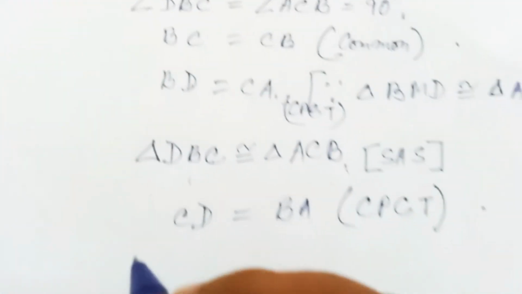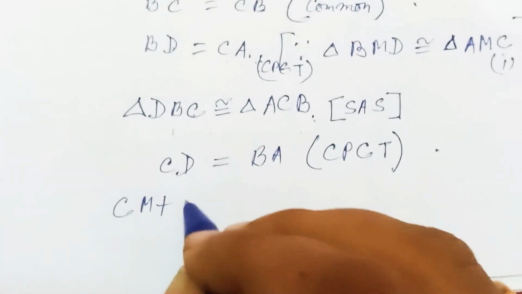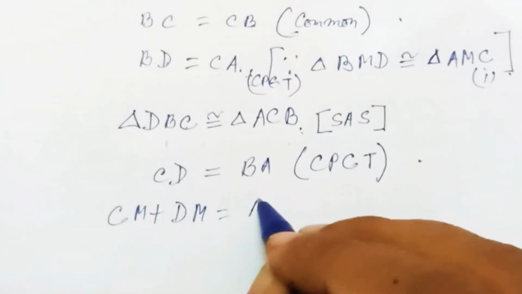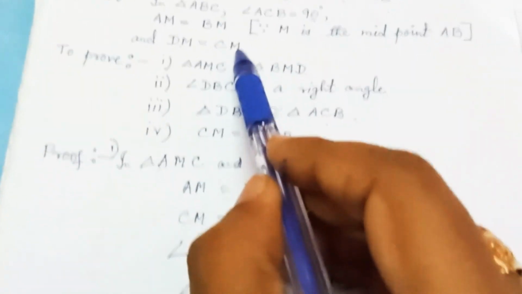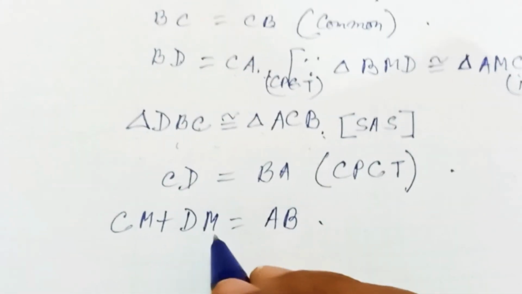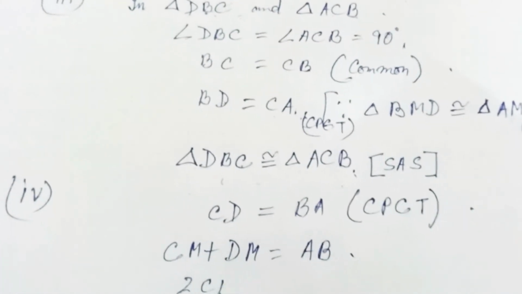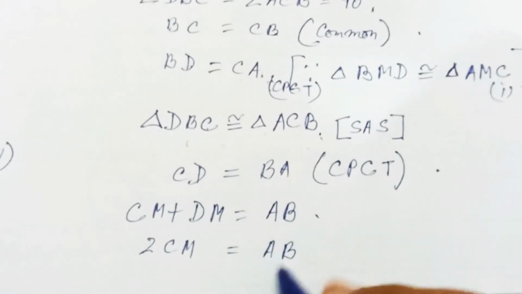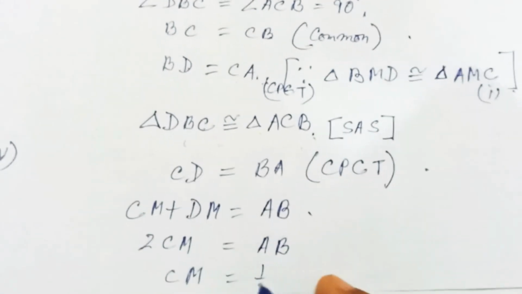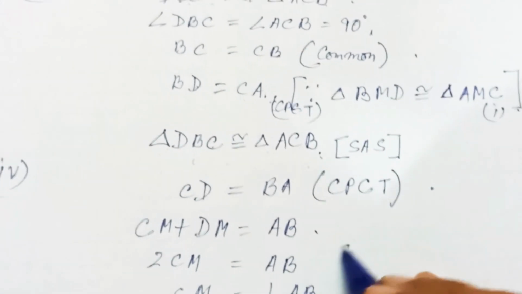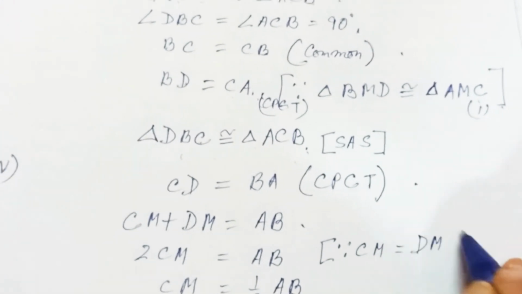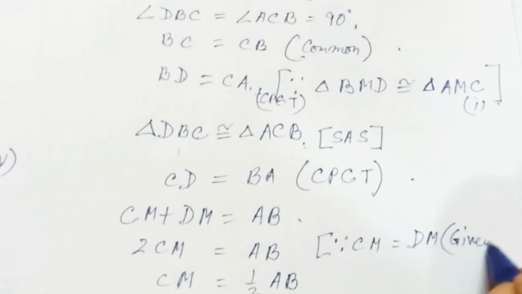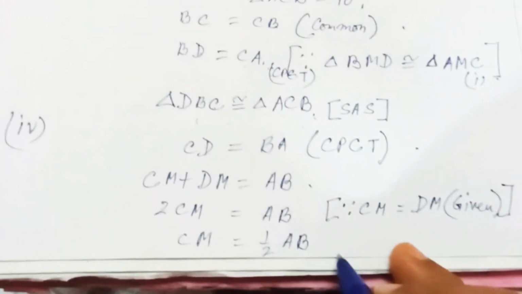So CM plus DM equals AB. Now CM and DM are equal, it is given already. So in place of DM we can write CM. So twice CM equals AB, and CM equals half of AB. Here you can mention, since CM equals DM, that is the given part. So this is the proof of the fourth part also.